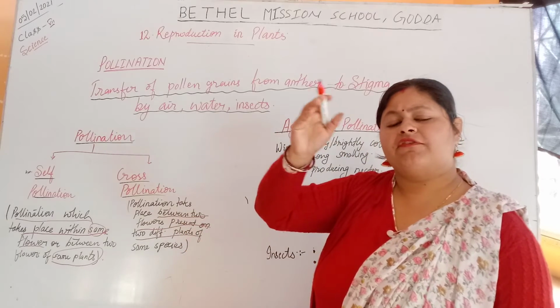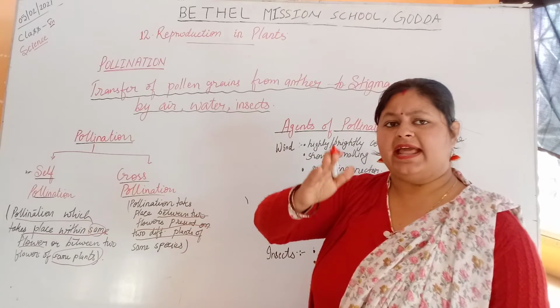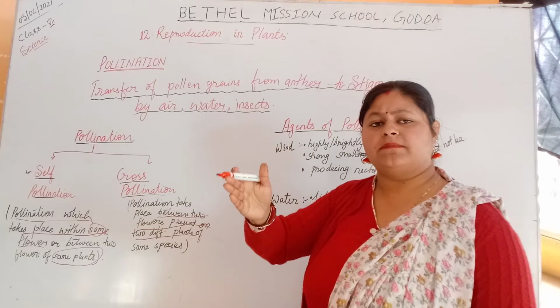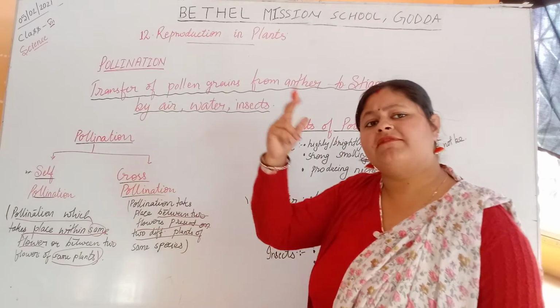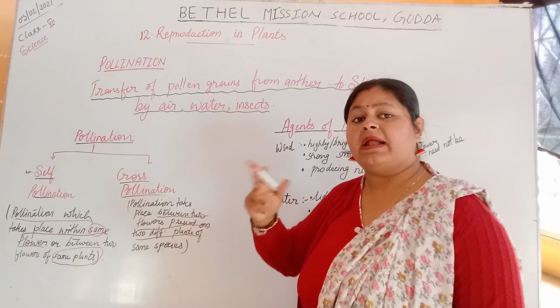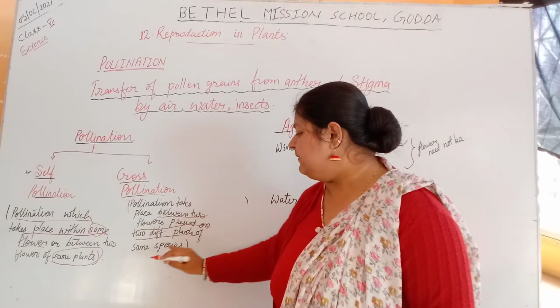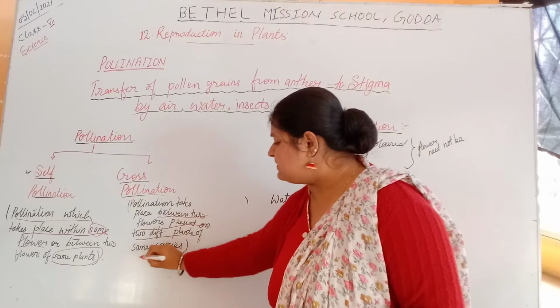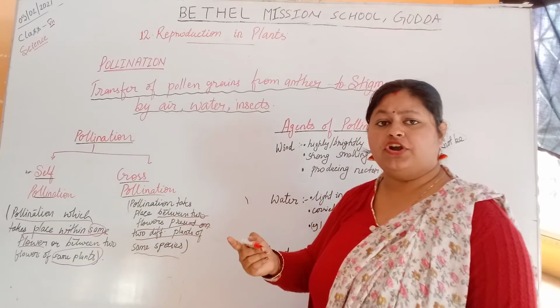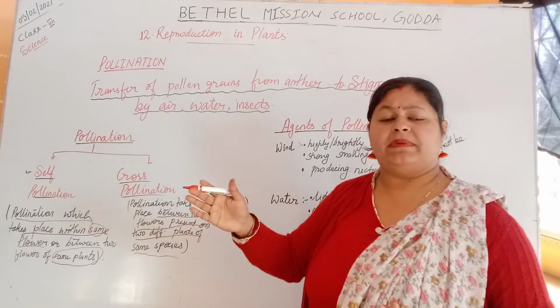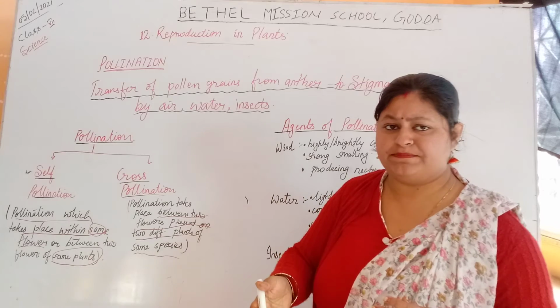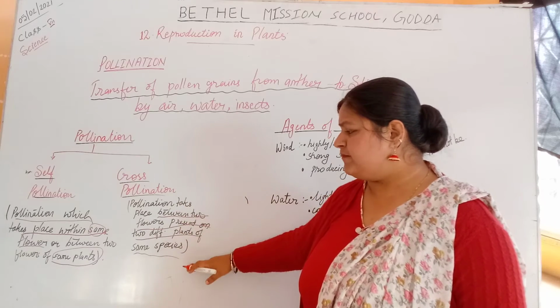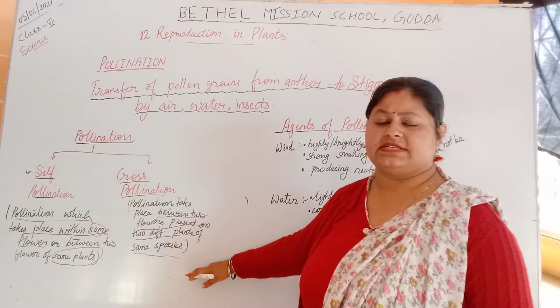So the anther contains pollen grain, and that very pollen grain is transferred from the flower of one plant to the flower of another plant. But one thing is very common, both the plants should be of the same species, and this cross-pollination needs some agents.